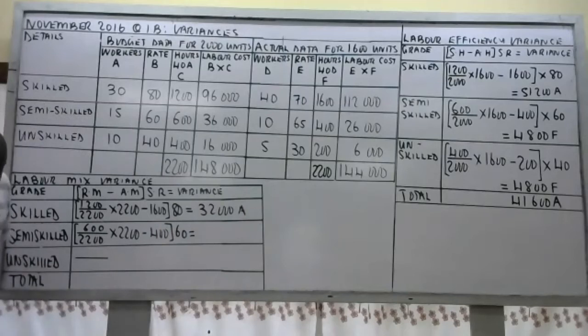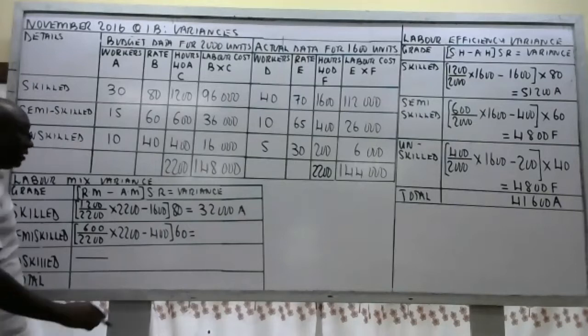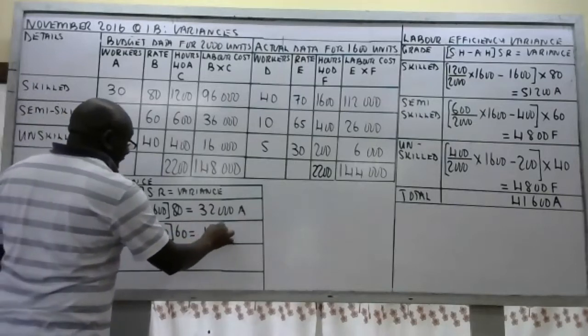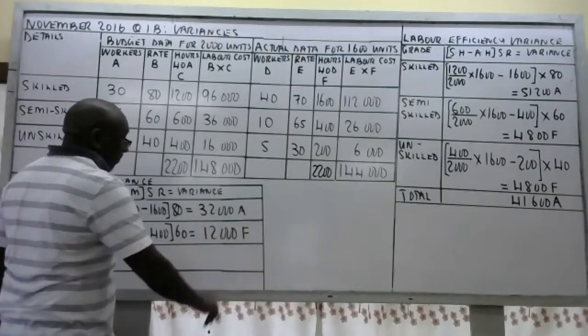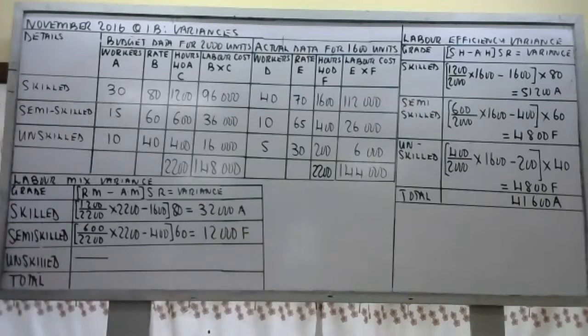So this obviously will be 200 hours times 60. That gives us 12,000, which is favorable.